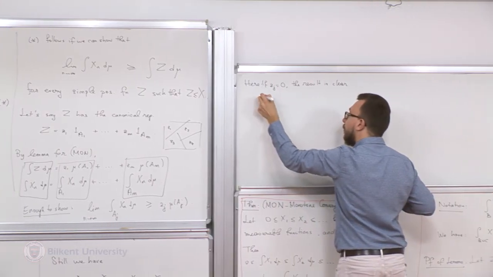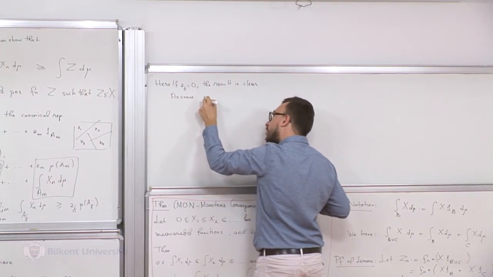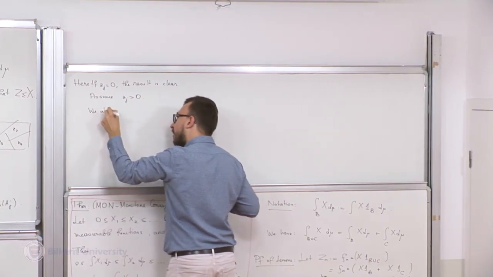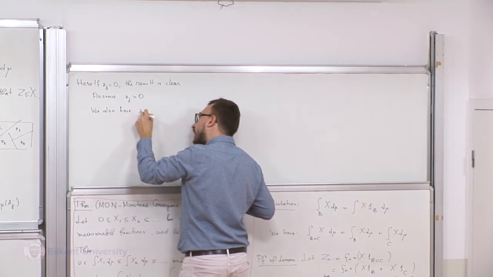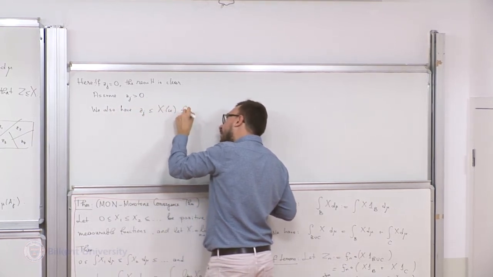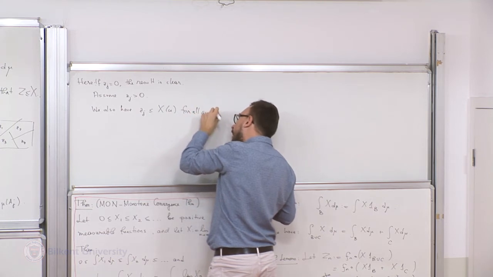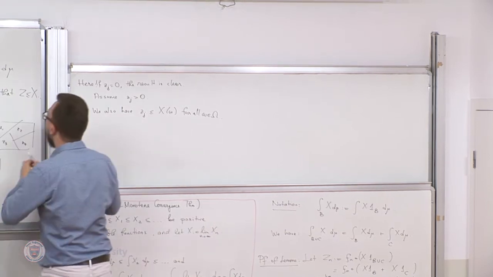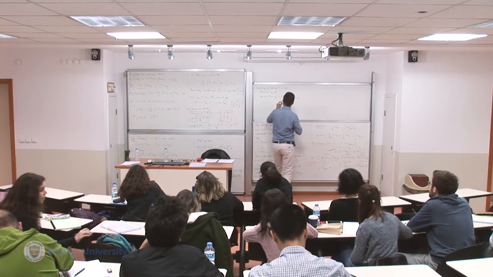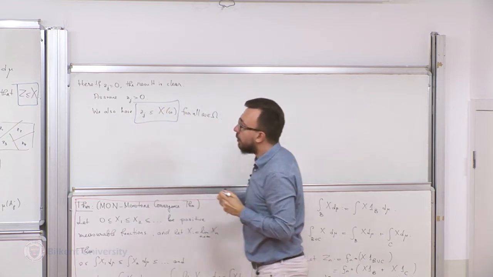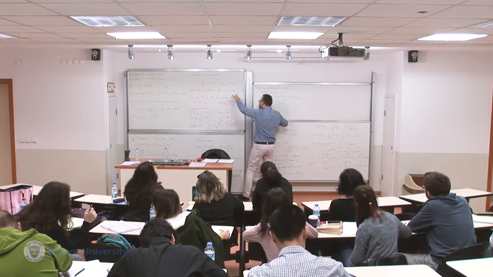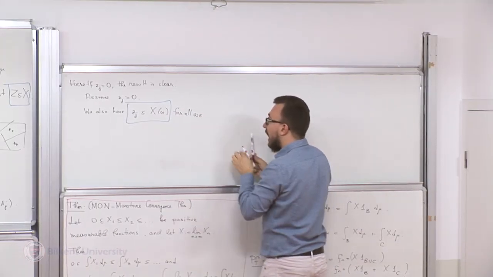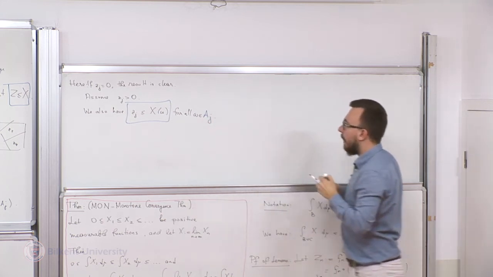So assume Zj is strictly positive, and we also have Zj less than or equal to x of omega for all omega. And this is because Z is a function which is always below x. If you look at one particular value of it, it is also below x, but not for all omega in Aj.